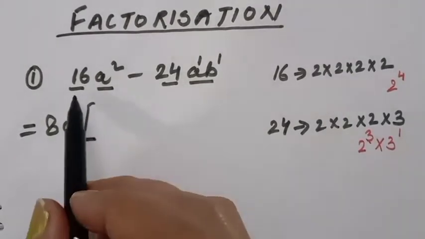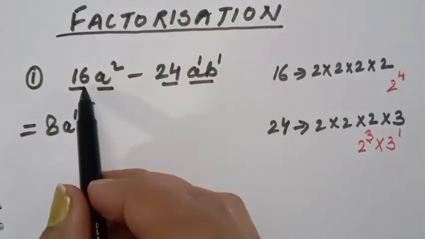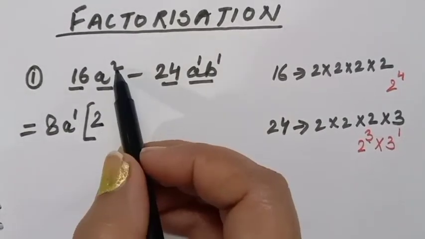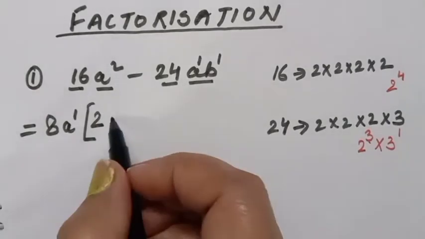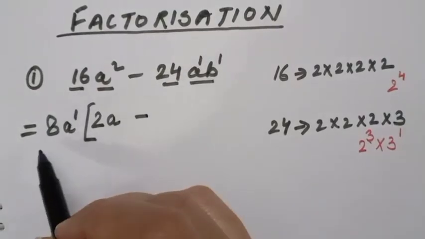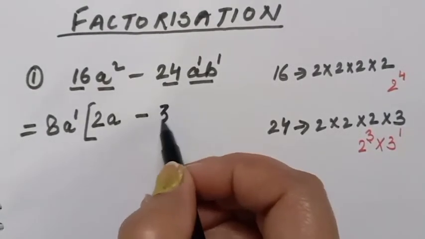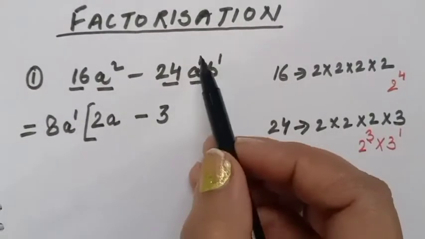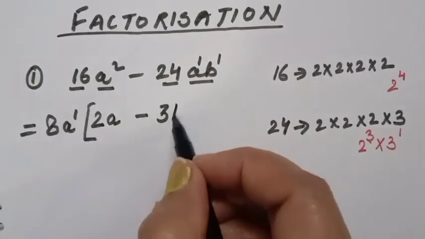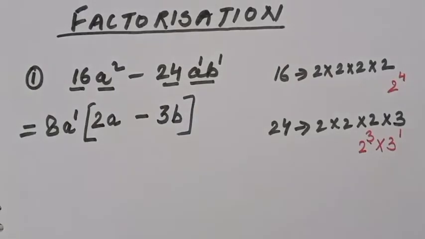So what is left with us? 16 is 8 into 2, so 8 times 2 is 16, and there was a. So 1a we have taken common, only 2 is left. Then minus, then from 24, 8 already you have taken common. So 8 times 3 is 24, and there was only 1a, that we have already taken common. So what is left with us? Only b, 1 time. So this will be our answer.